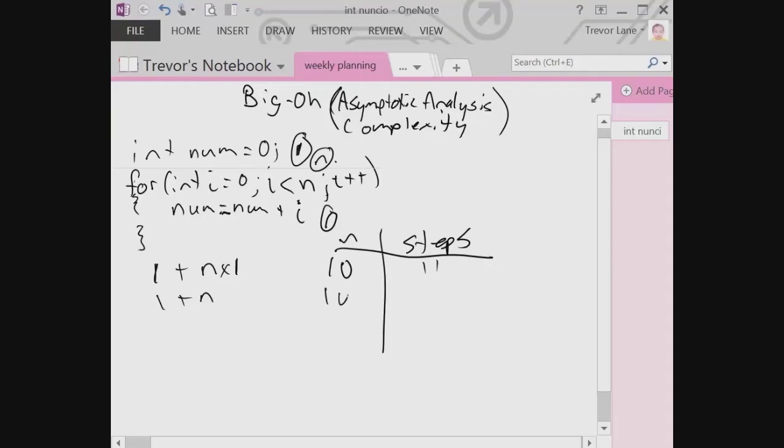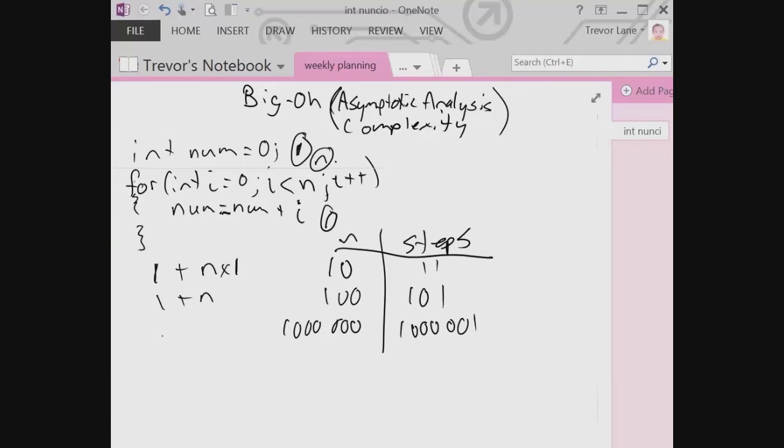Now if n is 100, we're going to have 101 steps. If n is 1,000,000, we're going to have 1,000,001 steps. What you can see from this is that as n gets bigger, that extra added 1 is kind of insignificant. So it doesn't really make a difference in here.